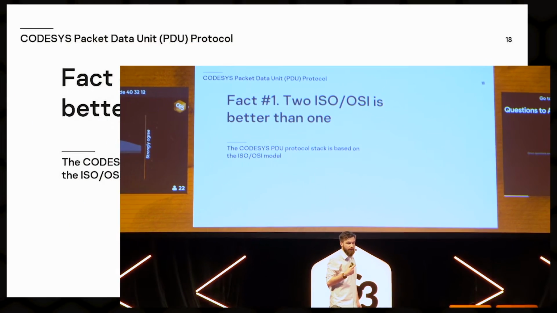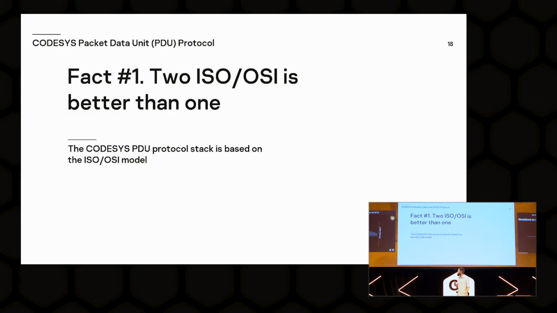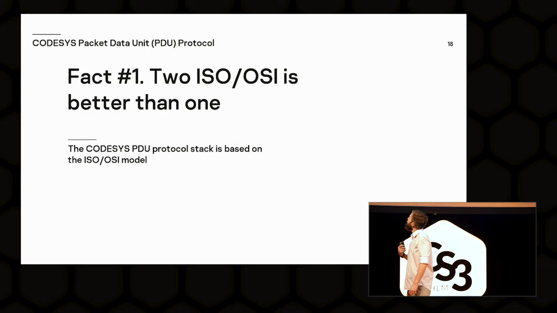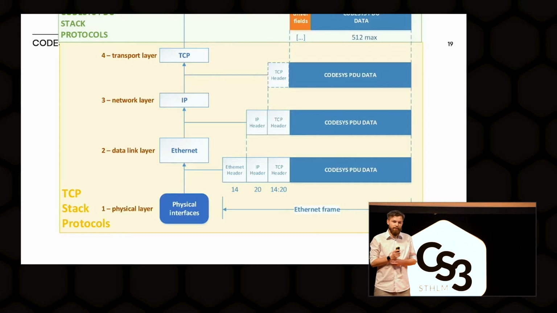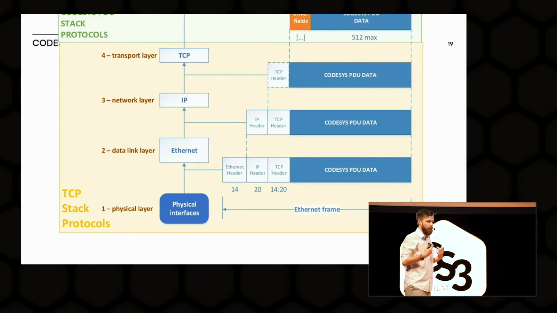Next, I will tell you a few facts about the CODESYS PDU protocol, and I will begin with the architecture. The CODESYS PDU protocol is based on the OSI model. CODESYS Runtime always uses the capabilities of the operating system and drivers which are adapted.